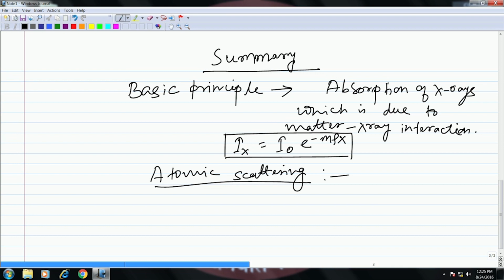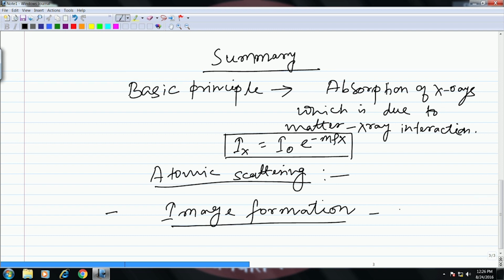And once we understood the basic principle of radiographic testing, we discussed image formation, and in this we saw that you first need an X-ray source, which is nothing but an X-ray tube, and about that X-ray tube also we have discussed when we discussed in the beginning the generation of X-rays.